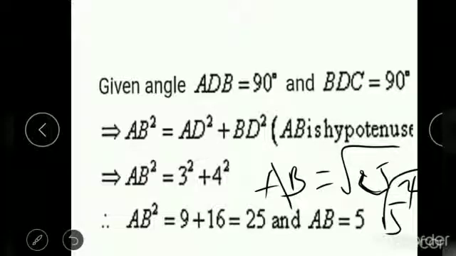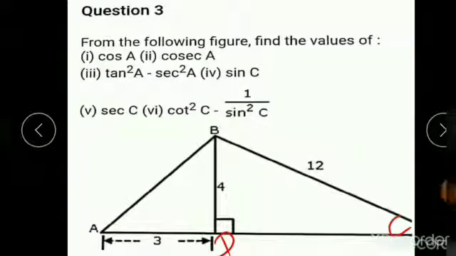The square and square root get cancelled. You will get the value of AB as 5. Now we know all the three sides of the triangle ADB. That is AB is 5, BD is 4 and AD is 3.